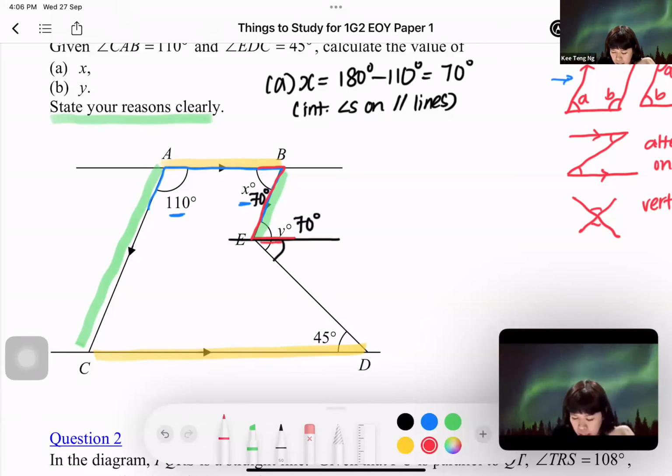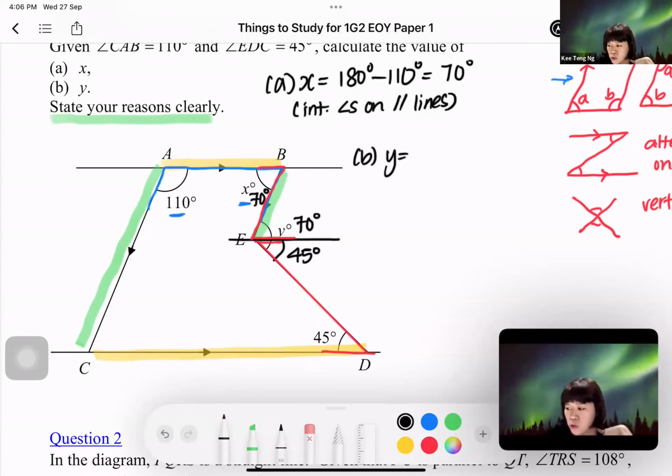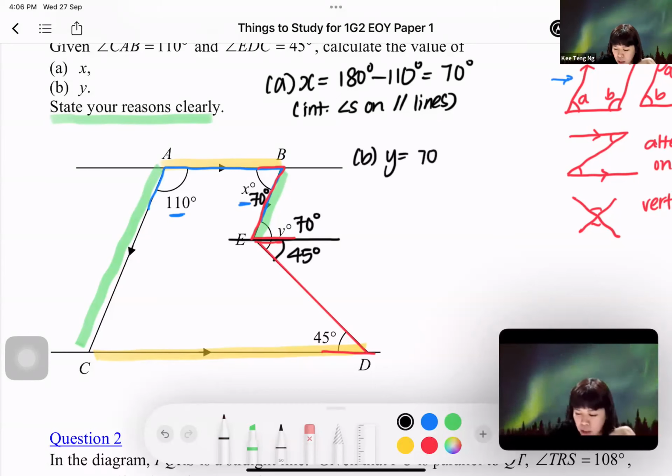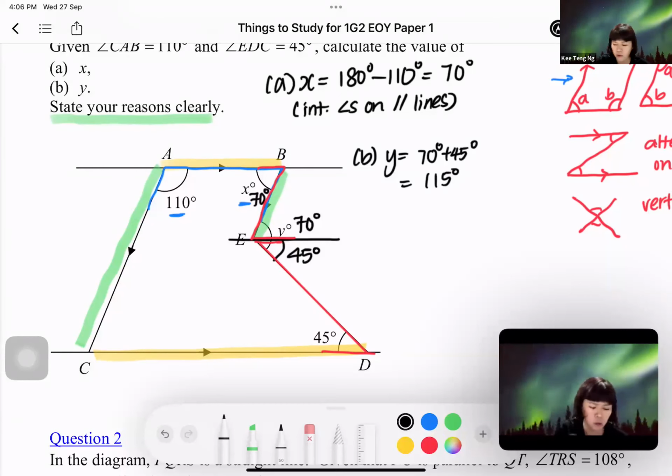Again, by another letter Z over here, this part over here will be 45 degrees. So how much is Y? Y will be equals to taking the 70 and the 45, we add them together. 70 plus 45 gives you 115 degrees.